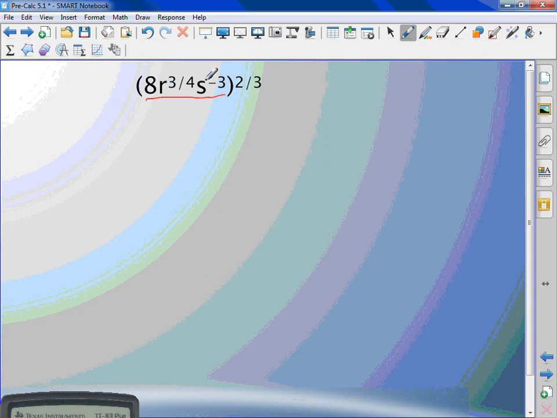Any other s's? So the next thing I'm going to do is distribute. This 2/3 exponent will go to all three terms. So I'll have 8 to the 2/3. What do I do with exponents to exponents? Multiplying. So I have r to the 3/4 times 2/3, and s to the negative 3 times 2/3.